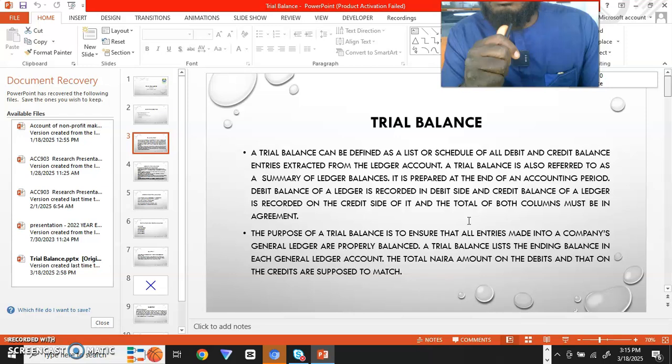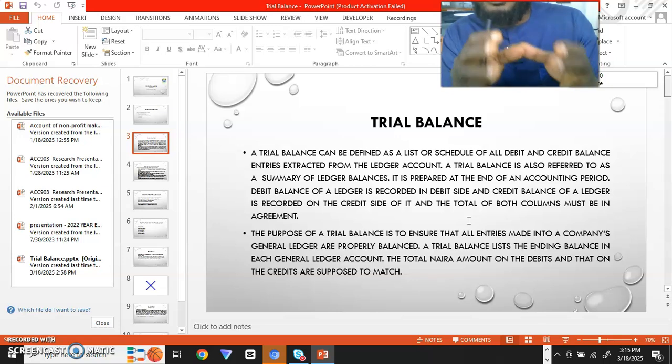It's just a summary of all the debit and credit balances that you are bringing from the principal book of account, which is the ledger. And it is prepared at every end of the accounting period.